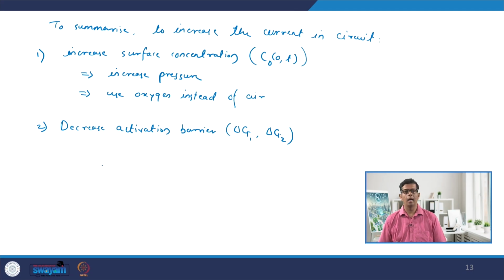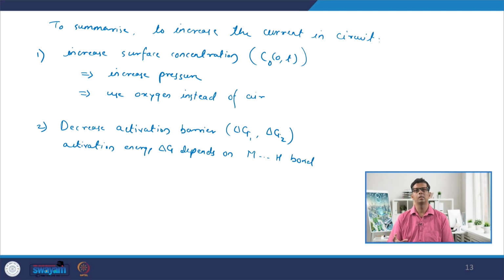So, what does this reaction barrier depend on? It depends on that M-H bond. So, this activation energy delta G in general depends largely on this M chemisorbed H bond.